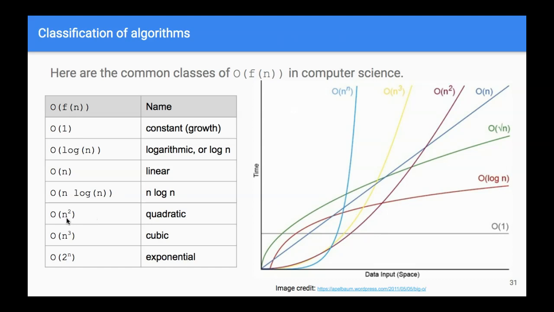The next one is n squared, called quadratic. It's your quadratic formula, if you remember, right? And that growth rate is this purple line here, and this kind of function starts growing really fast. And the same for n cubed. N cubed is really shooting up here, growing even faster than n squared.